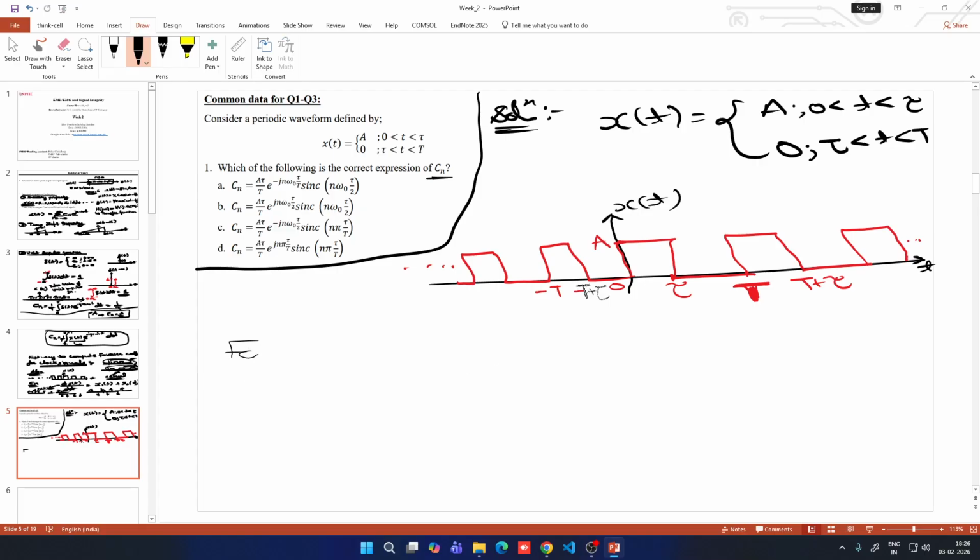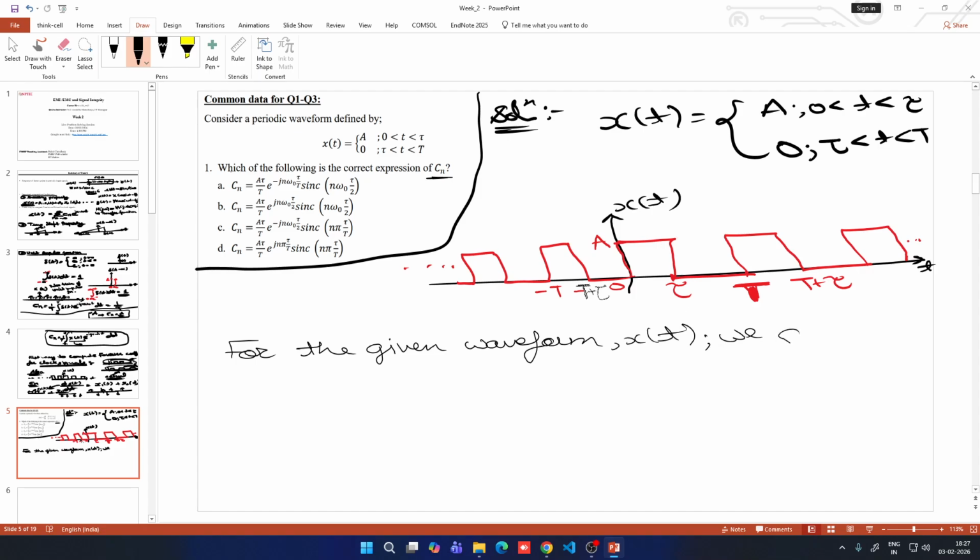So for the given waveform, that is x of t, we differentiate. So that is the faster way, right? The algorithm that we have discussed, the first step is that we have to differentiate this x of t.